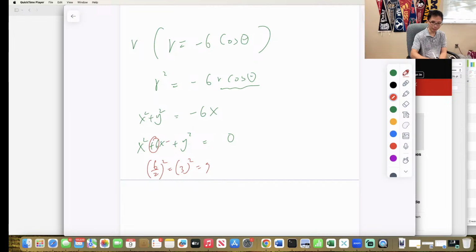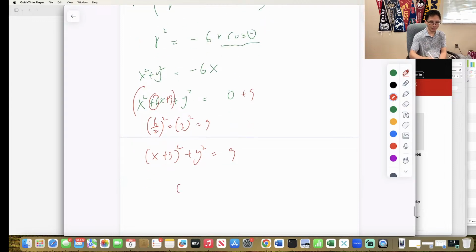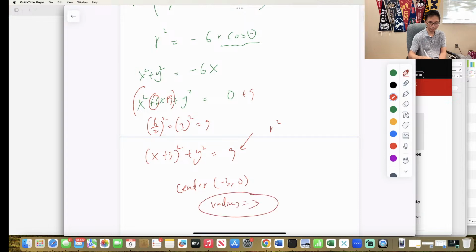So you're gonna add 9 on this side and add 9 on this side. So here you're gonna have (x plus 3) squared plus y squared equals 9. What does that mean? That means you have a center at (-3, 0), and this is r squared, so the radius is equal to 3.